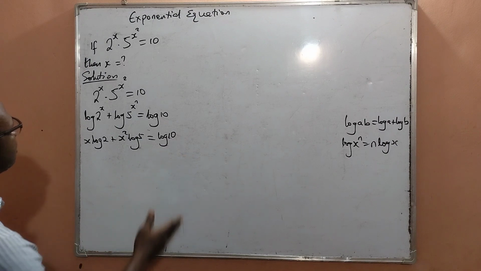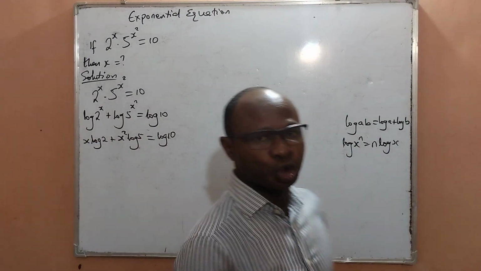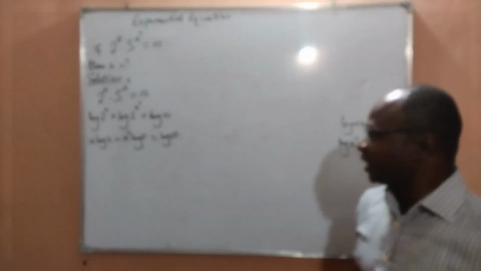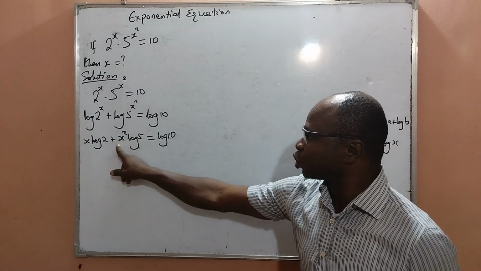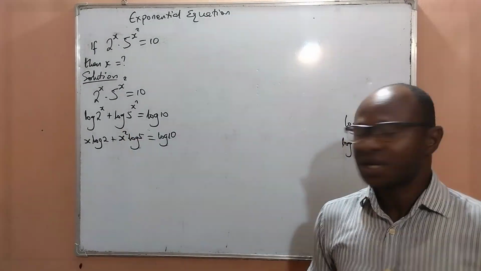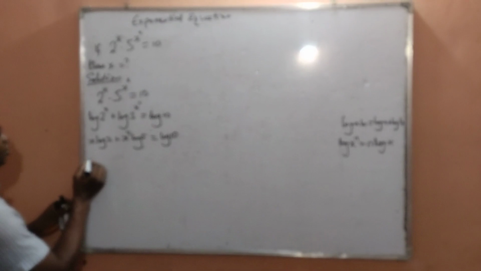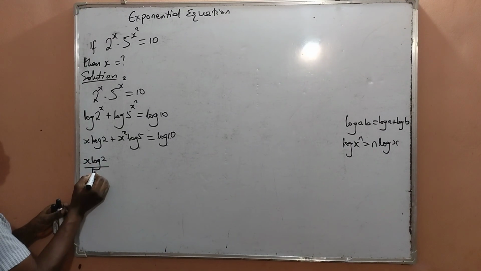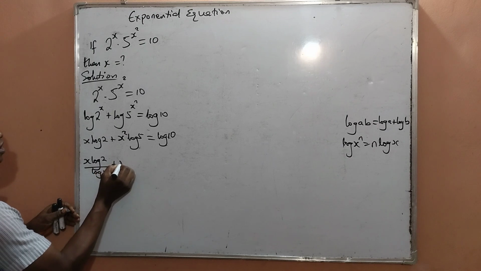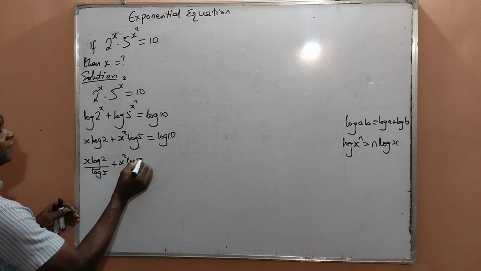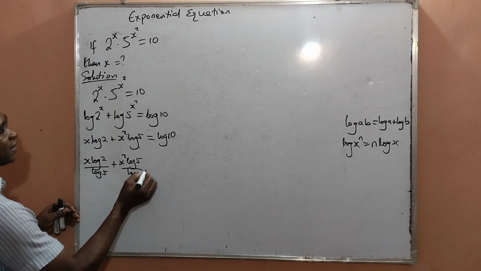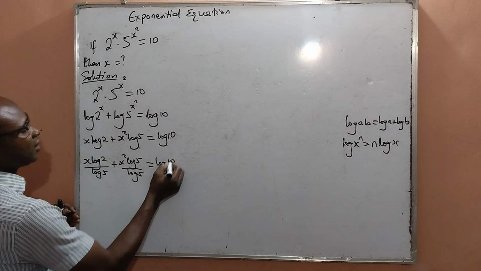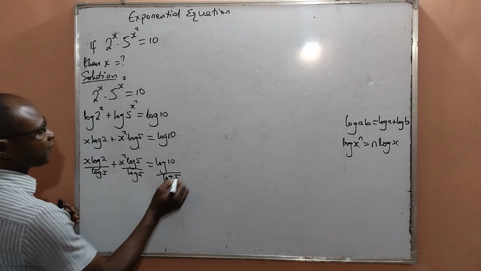Now, at this point, I want to divide all through by log 5. The reason is because I want this place to be only x squared. Therefore, dividing all through by log 5, I have x log 2 over log 5 plus x squared log 5 over log 5 is equal to the log of 10 all over log 5.